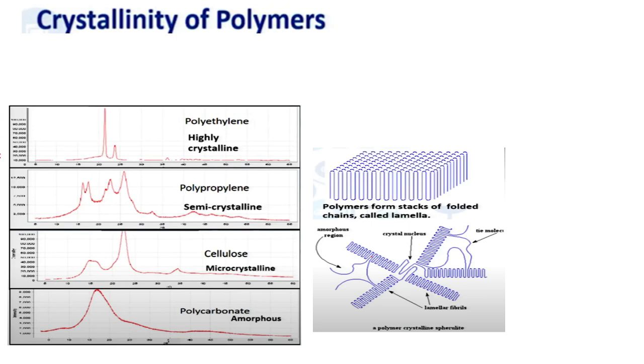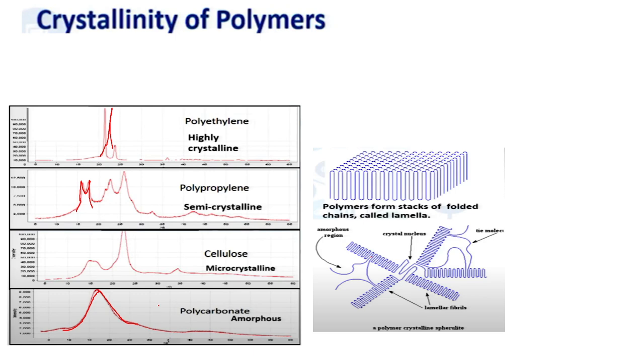You see the broadness of the peak increases from polyethylene, which is much sharper, to semi-crystalline, where there is also splitting, and the broadness increases. In the case of polycarbonate, since it is transparent, the broadness is very high, so crystallinity is very low.